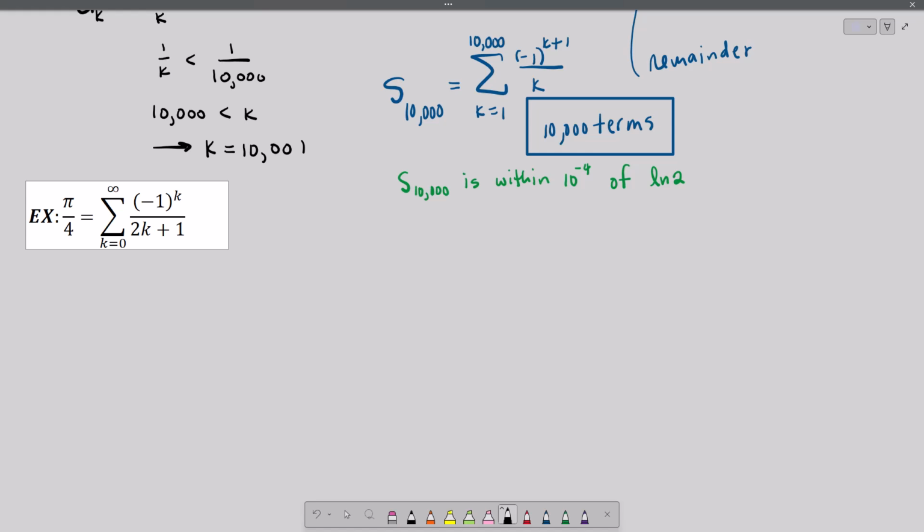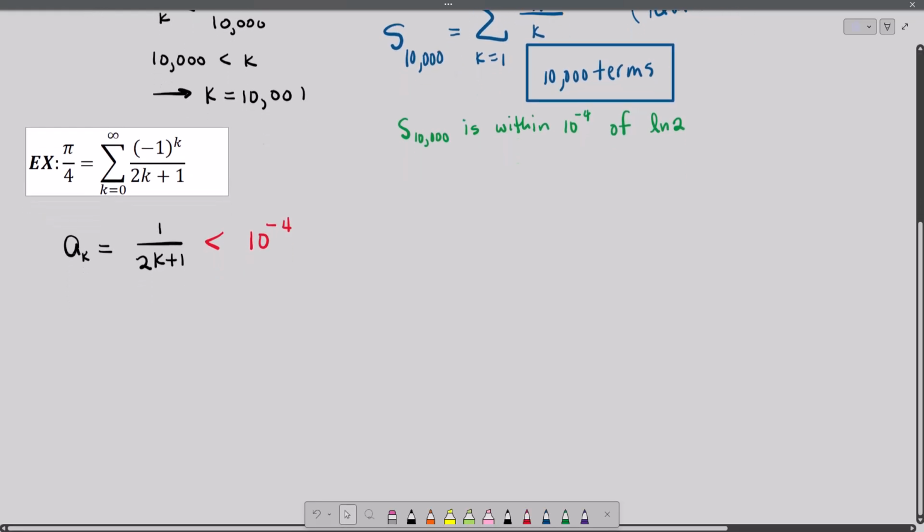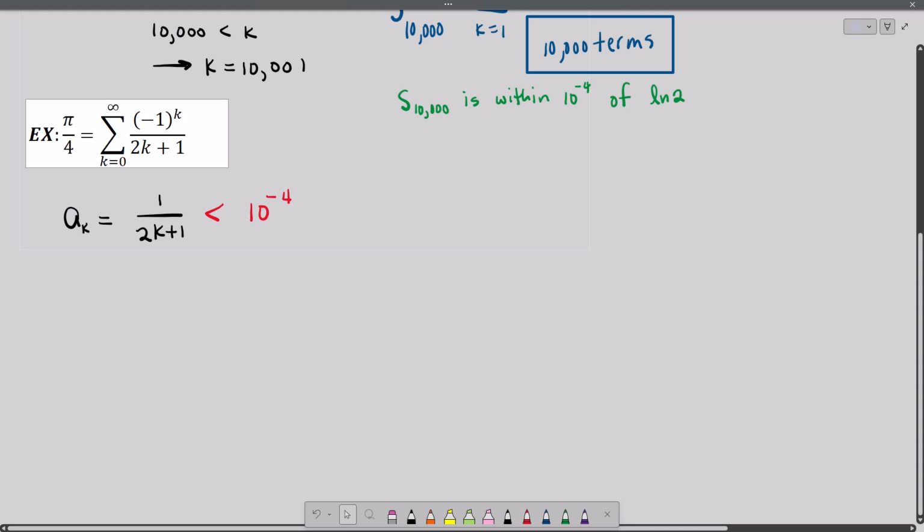So let's take our a sub k. Our a sub k does not include the switch. So there's our a sub k. We want it to be less than 10 to the negative 4. So that's the inequality we need to solve. We solve this inequality by cross multiplying.